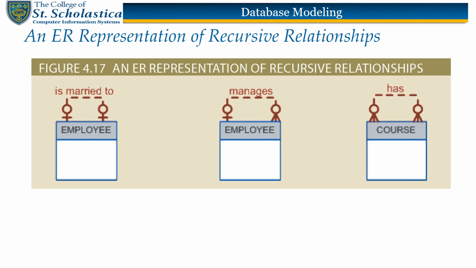A one-to-one unary relationship may be expressed by "an employee may be married to one and only one other employee." Finally, the many-to-many unary relationship may be expressed by "a course may be a prerequisite to many other courses, and each course may have many other courses as prerequisites."